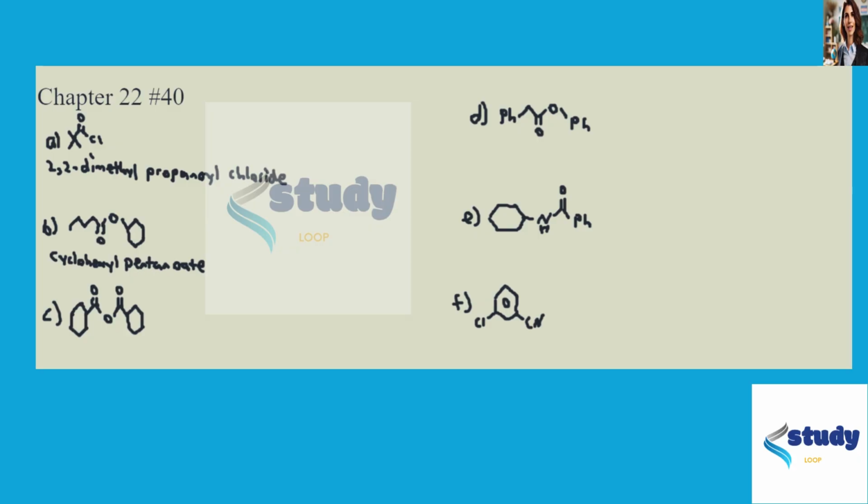So for C, we have an anhydride. So we know it'll end in anhydride. It's cyclohexane groups. It's a symmetric anhydride.